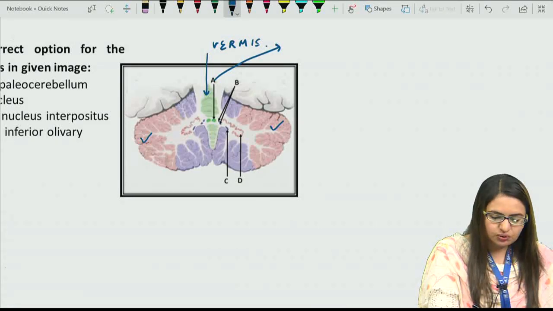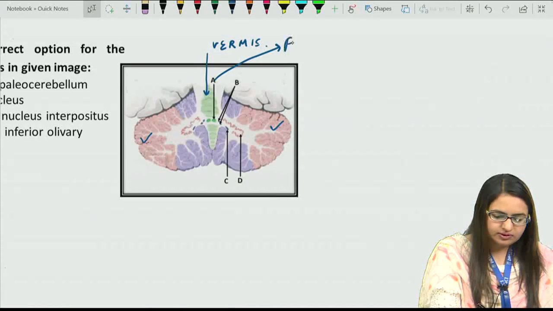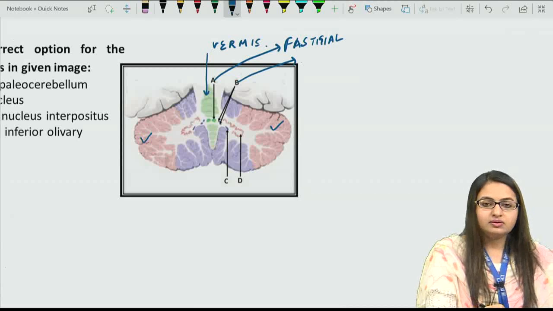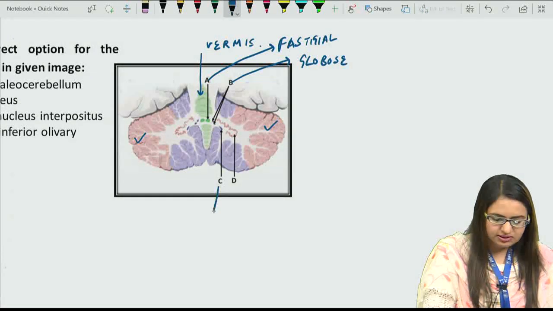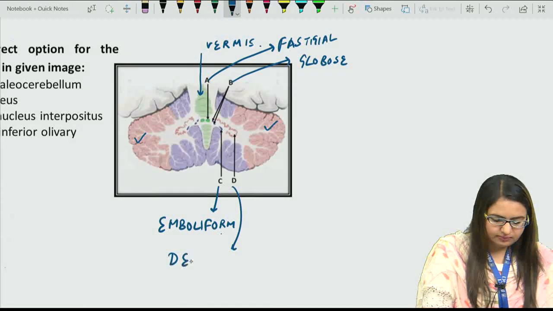The nucleus which has been shown over here is the fastigial nucleus. Then after this, B is the globose, C is the emboliform, and D is the dentate.